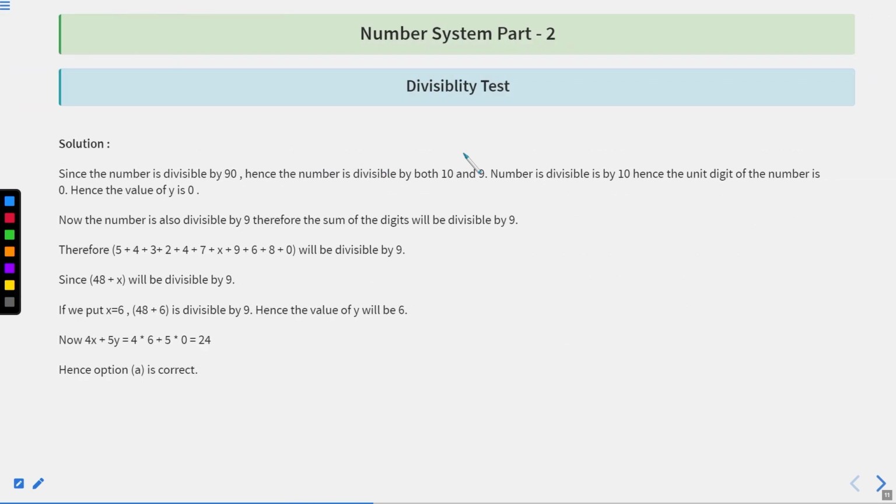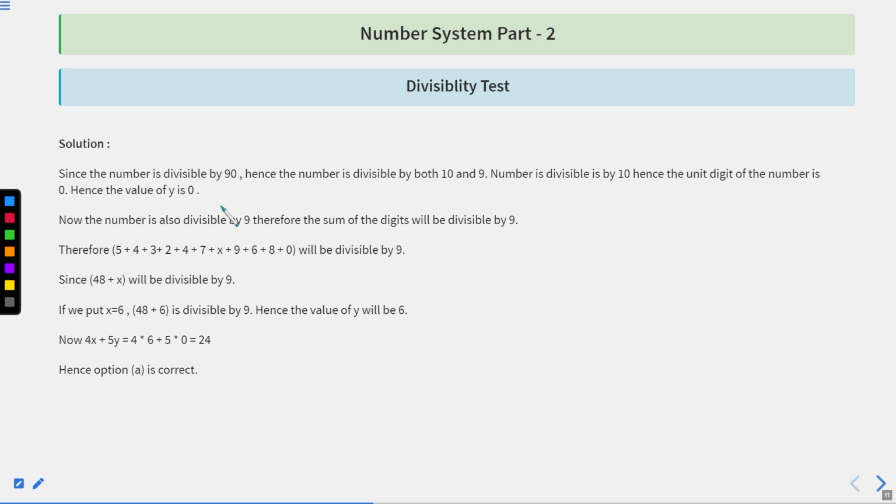Since the number is divisible by 90, the number is divisible by 10 and 9, both of them. The number is divisible by 10, hence the unit digit of the number is 0, hence the value of y is 0. By applying a short trick, or acting smartly, I broke 90 into two parts, 10 times 9, which is equal to 90.